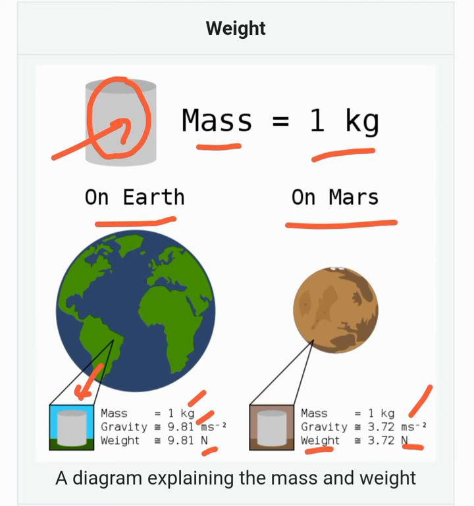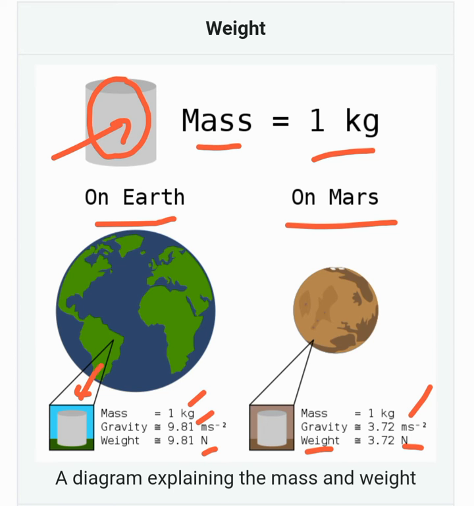So for example, I am a person and I weigh 60 kg on earth. That 60 kg is my mass actually, but my weight would be the force acting on me due to the acceleration of gravity on earth, which would be my mass multiplied by the acceleration of gravity.